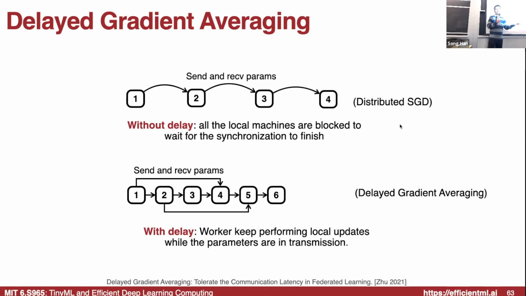So we just take this old gradient and apply that in iteration 5. So this is the delayed gradient update, DGA. So we can tolerate this staleness and allow the computation to continue without being blocked by communication.